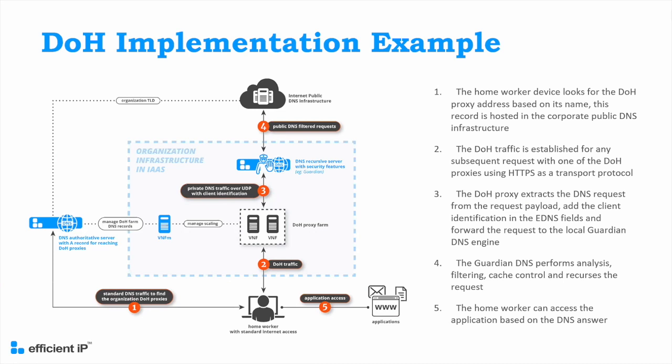The other one is maybe if the client's not sitting inside behind your enterprise firewalls, but is sitting out in a cafe, you have a termination point for the DoH traffic on one of your servers, right?